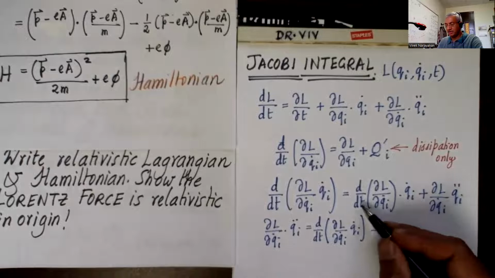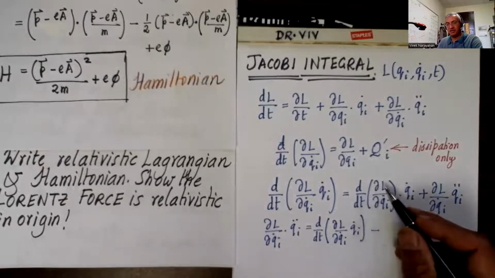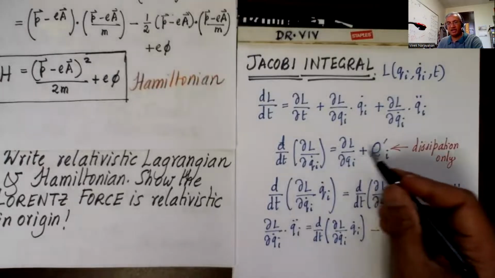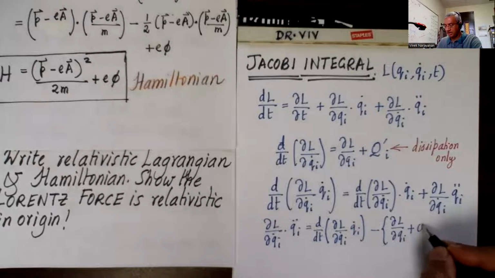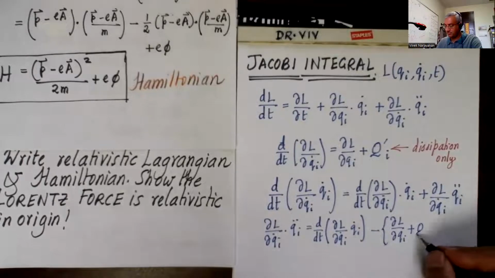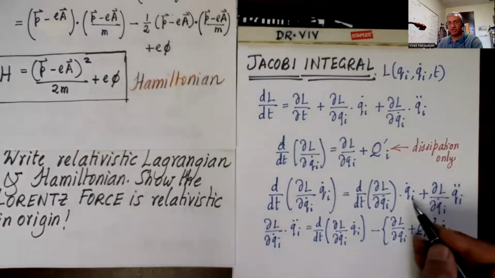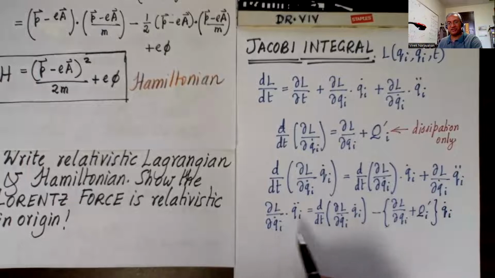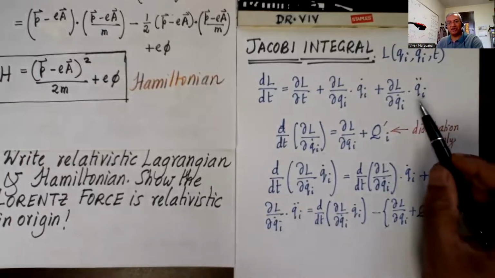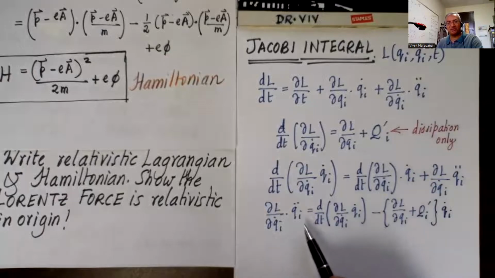But instead of writing d by dt of del L by del Qi dot, I'm going to write the right-hand side. Okay, so that gives me del L over del Qi plus Qi prime times Qi dot, because that Qi dot is still there. So I have written this acceleration term as two terms like that.